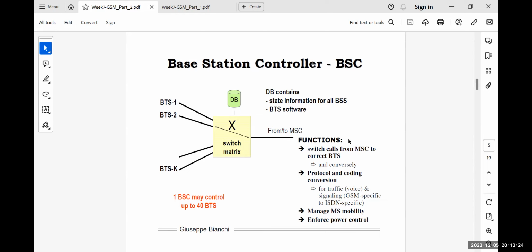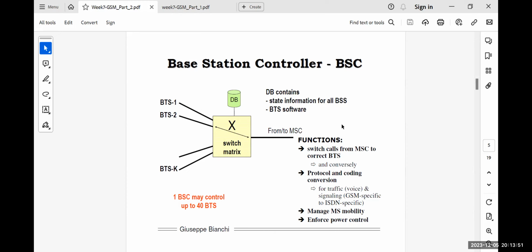What it performs is it basically switches calls from the MSC to the correct BTS. For example, a call is coming from outside the network. So obviously MSC is something that will come first in this chain of the network, right? From MSC, it will switch on to the correct BTS. For example, someone is calling you from a PSTN network, right? So obviously you are at a certain BTS that is installed somewhere.